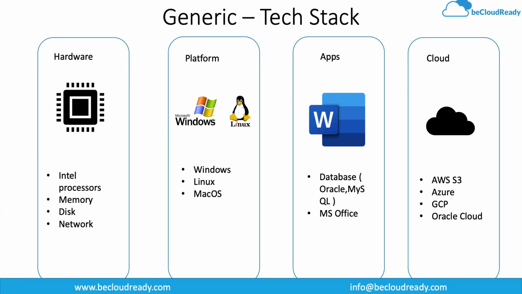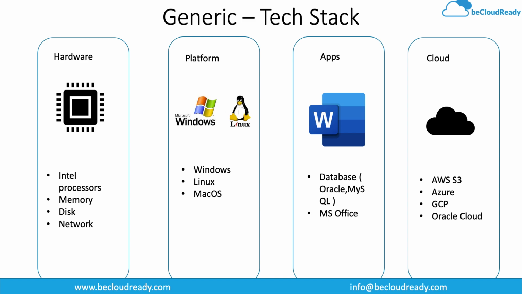If I take the whole iPhone concept and convert it into a PC based architecture: for hardware, I'm talking about an Intel processor. When you buy a laptop, you might see i3, i5, i7 processors. Memory, how much memory your laptop has, disk and network.